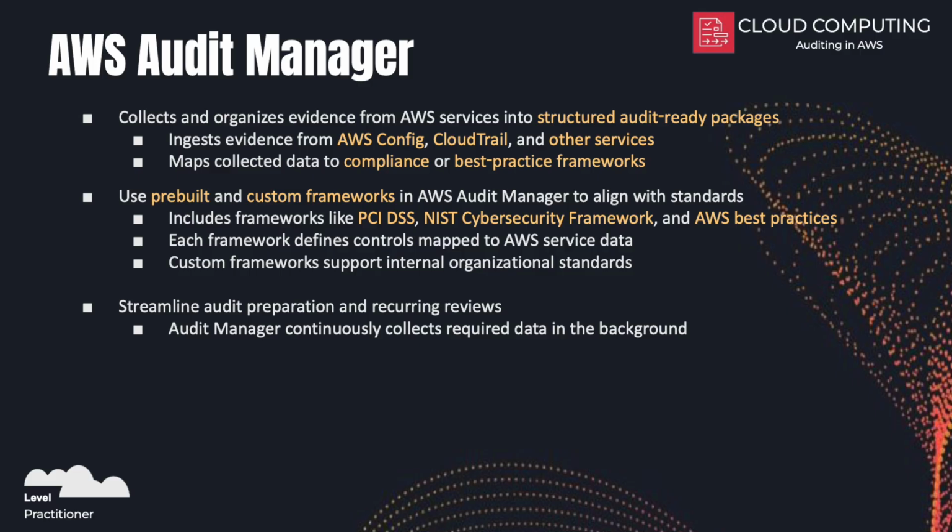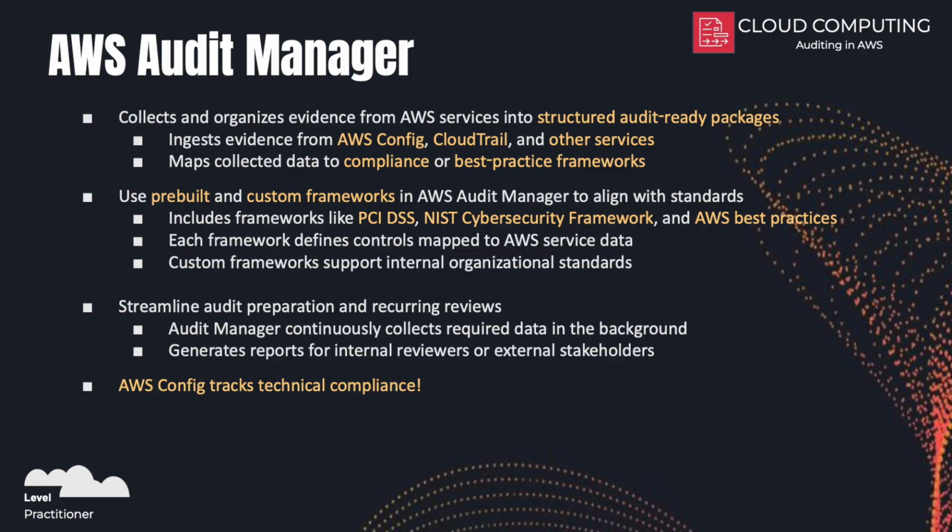When you're ready, you can generate a report for internal review or for external stakeholders. So AWS Config is mainly about detecting and tracking configuration compliance, and Audit Manager is about organizing that evidence and reporting against specific frameworks.